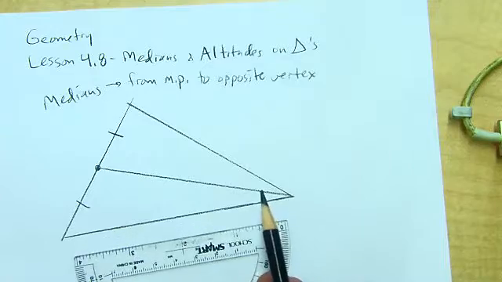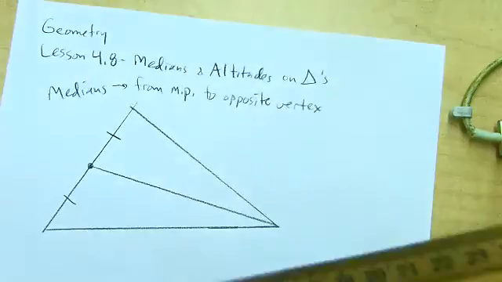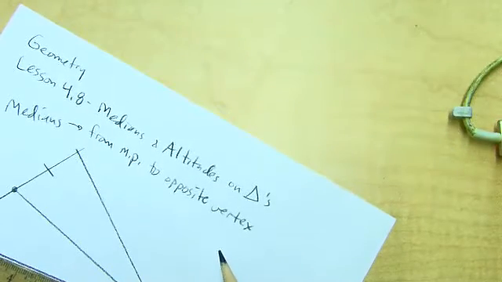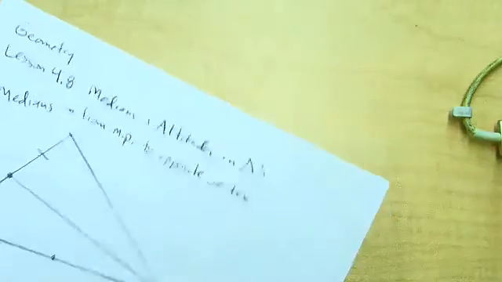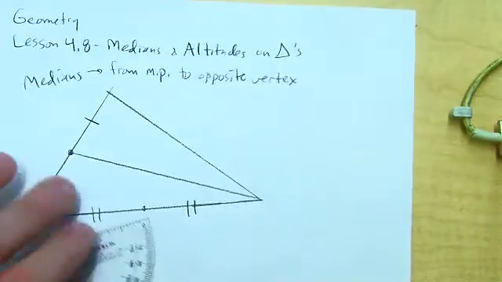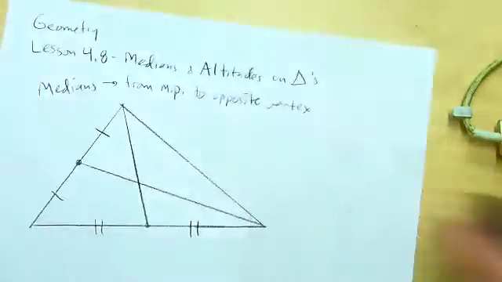I kind of screwed up and made this too big, so I need to use a bigger ruler. Okay, so I'm finding the middle of that side there. And then connecting that to the opposite corner. And then one more.